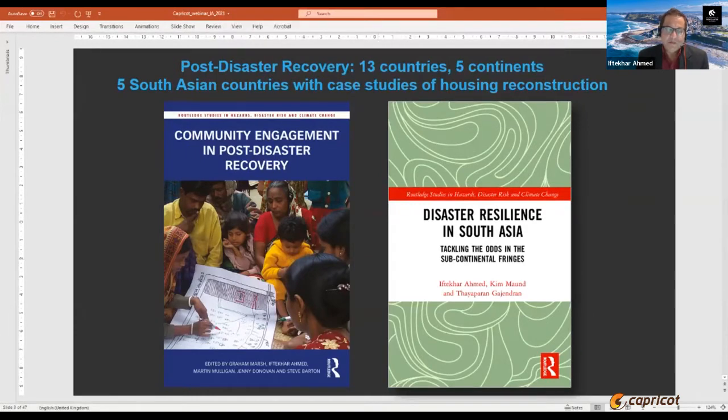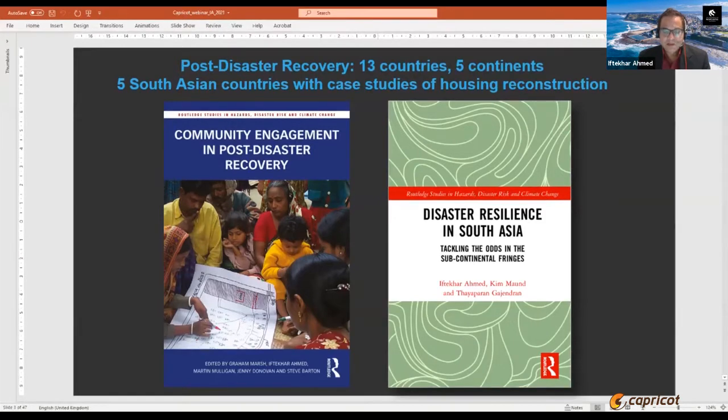And then again, like I mentioned right at the beginning, relating to the theme of the competition, we are concerned with people who are disadvantaged, vulnerable to disaster impacts and all kinds of impacts, and also disadvantaged because of socioeconomic inequality around the world. So I think this community engagement is a very important area. And as I talk today, you will see how this theme unfolds in the work that I'll be discussing.